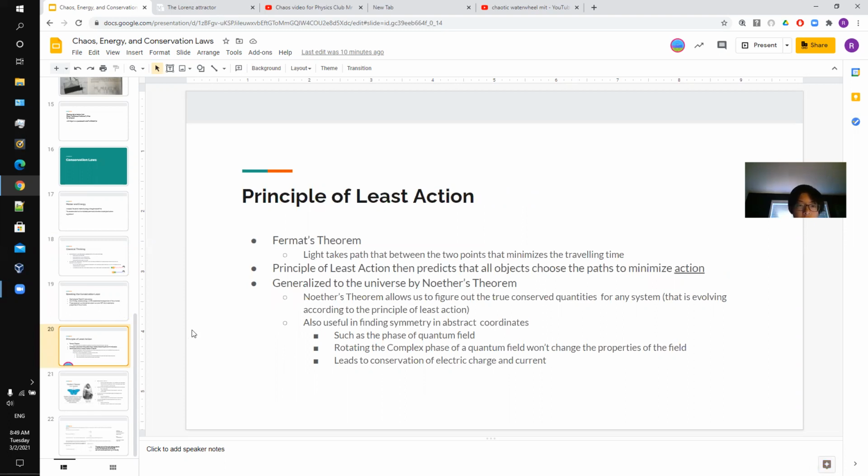To think about it in more general terms, we discussed that conservation laws are not fundamental to the universe. So what's more fundamental? We should start with the principle of least action.